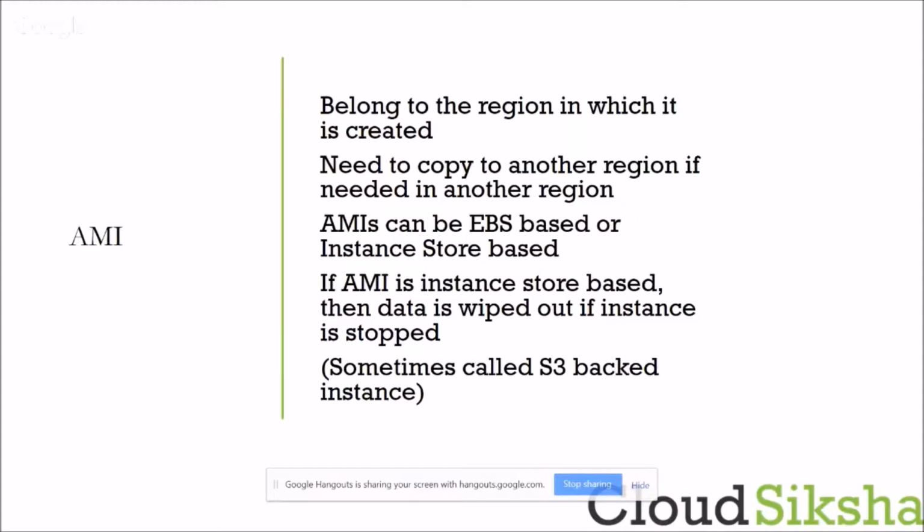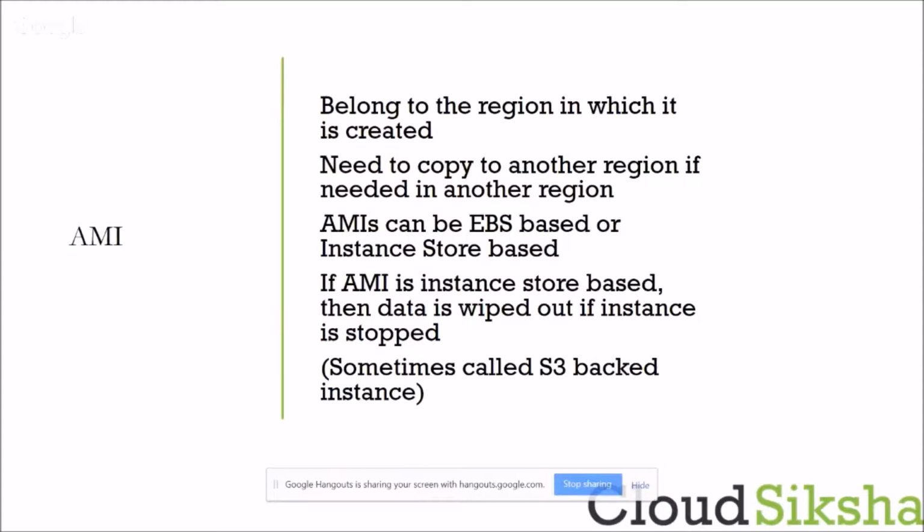So in the case of an instance store backed AMI, every time the AMI is taken from an S3 bucket and put onto your instance store. Therefore, the starting up of the instance would also be slower if you use an instance store based AMI.